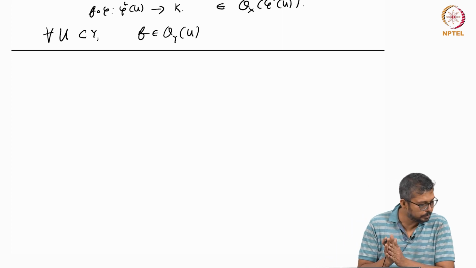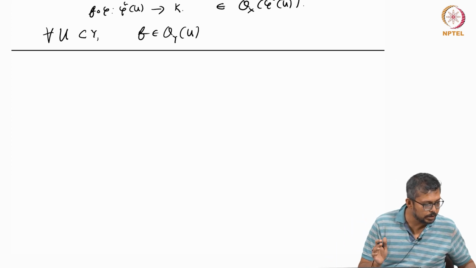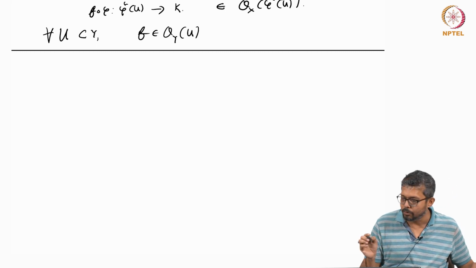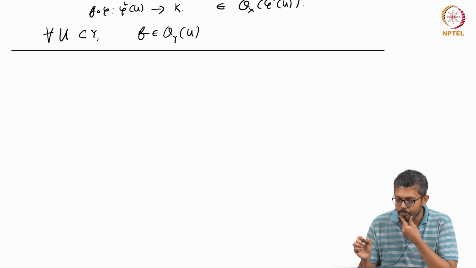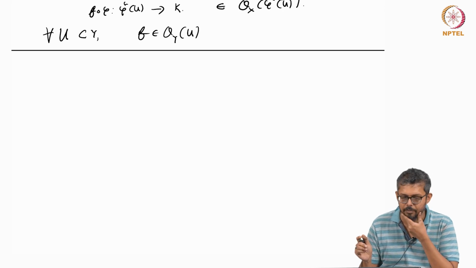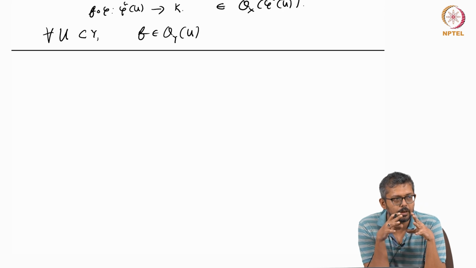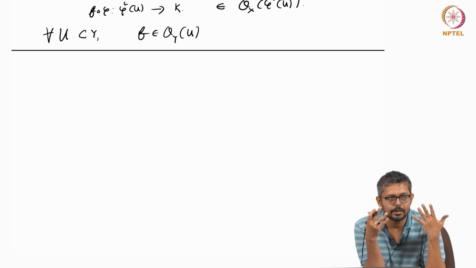This is the point. Before that, we already saw, I already gave a hint, that a morphism between affine varieties is the same as a morphism between K-algebras, right? But we can generalize that.